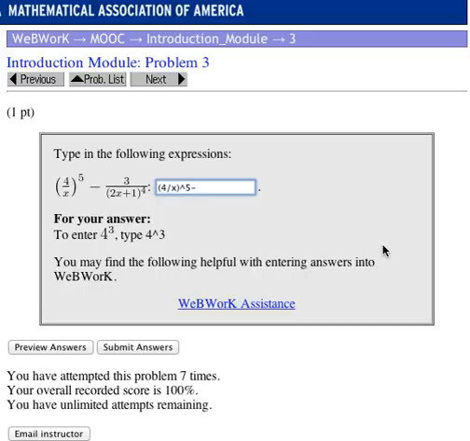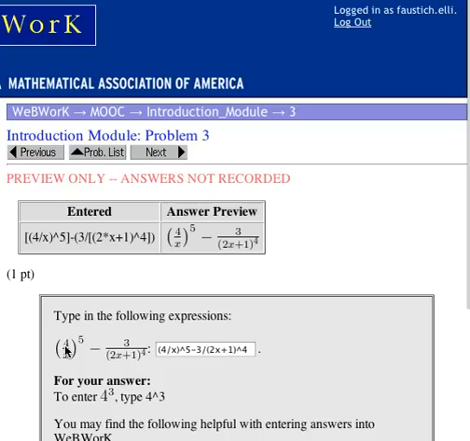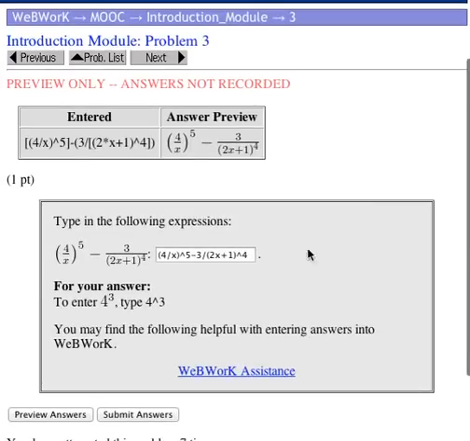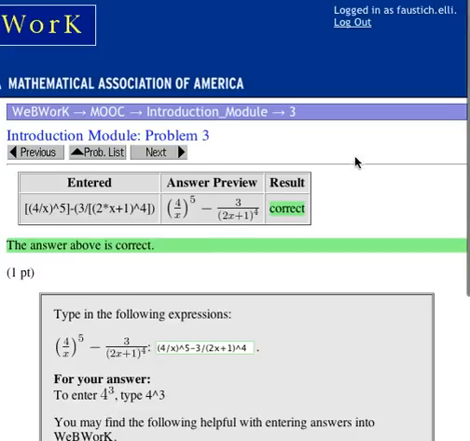I'm going to be subtracting from that 3 divided by the whole quantity, again parentheses, 2x plus 1 raised to the 4th power. I'm going to preview my answer here, see that it's what I want, and submit.